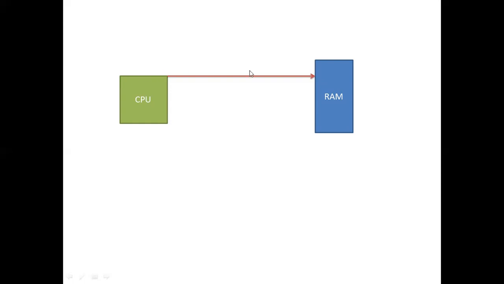But this distance is not efficient for the CPU to be getting instructions from the RAM, and for the RAM to be giving instructions to the CPU. So that's why there is a middleman here called cache memory. With the cache memory, it becomes easier for information to come from the RAM and be stored in the cache.